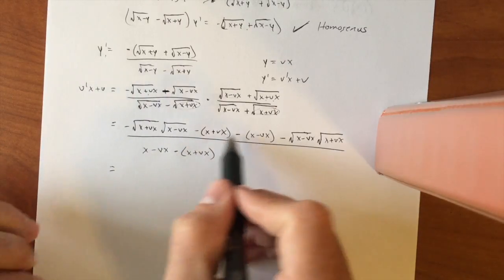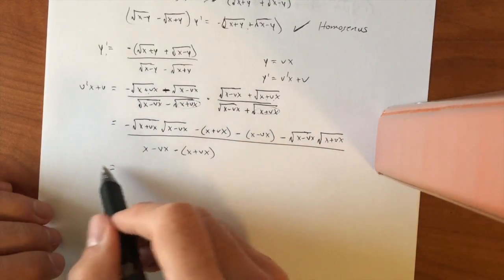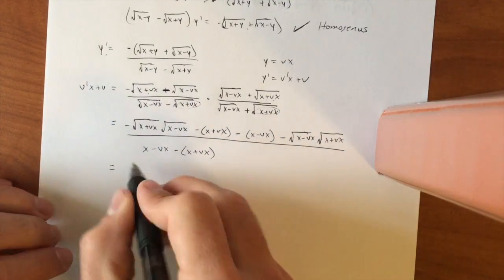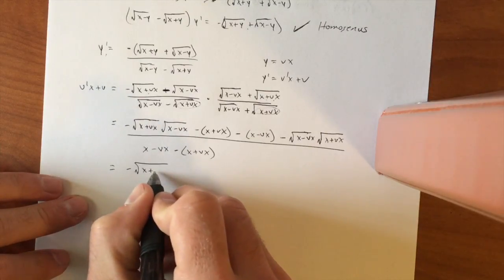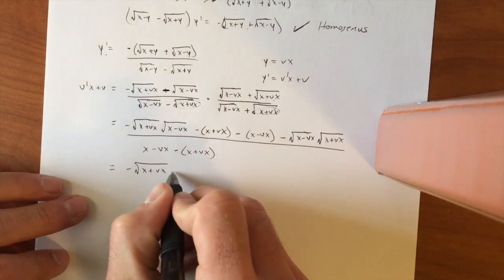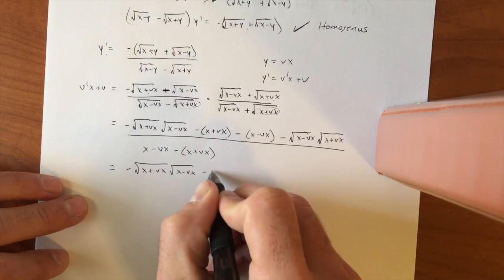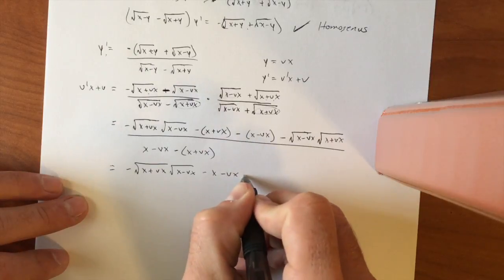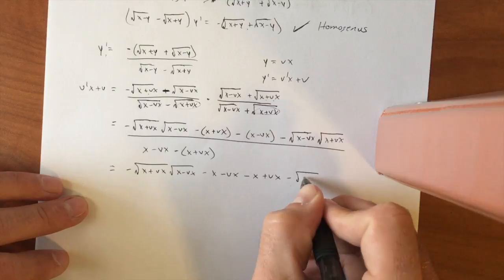I'm going to distribute these negatives just to show exactly what we're doing here, and then distribute this negative as well. So we're just going to rewrite this all with up-to-date negatives, basically. Minus x minus vx minus x plus vx minus square root.